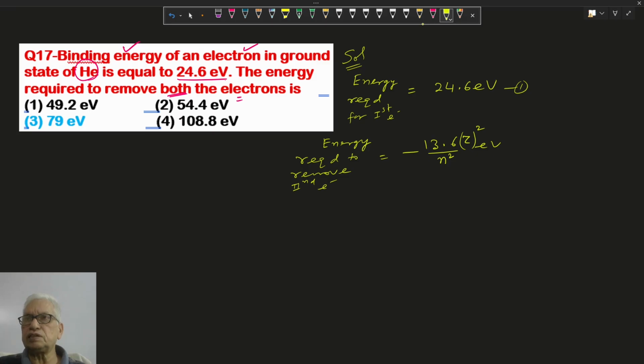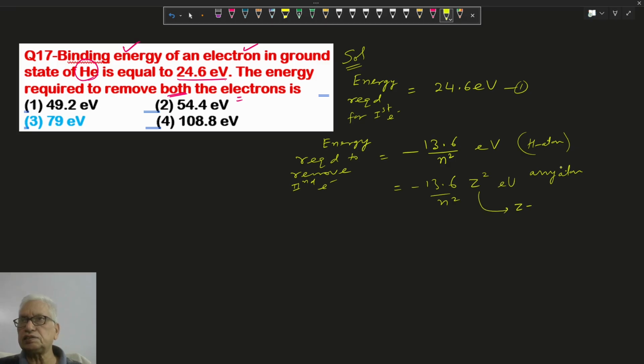Minus 13.6 upon n square electron volt is for the hydrogen atom, and for any atom the formula is minus 13.6 upon n square Z square electron volt. Here in the question, Z is equal to 2 for helium and n is equal to 1. So we get 13.6 times 4 divided by 1, which after calculation is 54.4 electron volt.